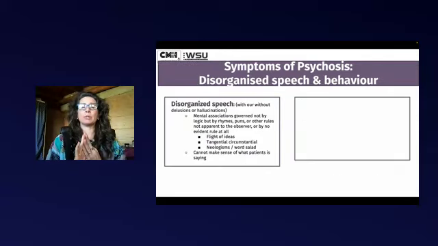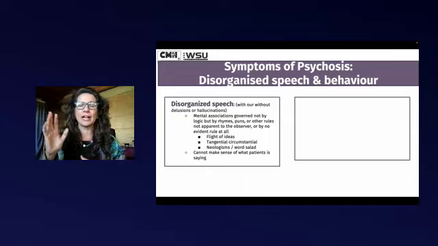So the third big symptom is symptoms of disorganized speech or behavior. And actually both of those, especially the disorganized speech, are partly evidence that there's disorganized thinking. So the disorganized speech is just showing us what's going on in this patient's head. And that can come out in the way they speak. So that might be a flight of ideas, them jumping from one topic to the other.